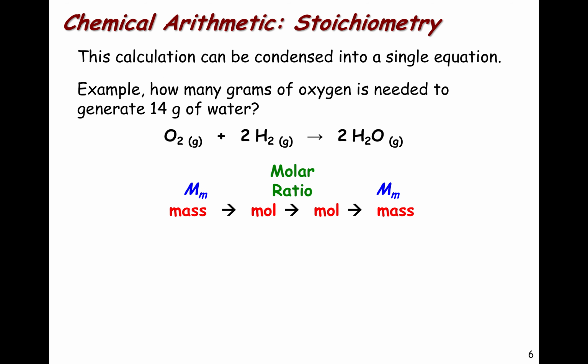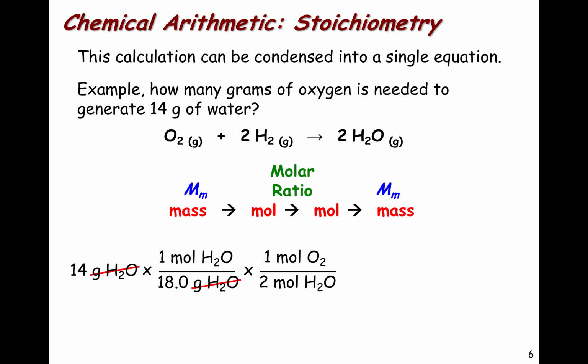If we look at the same problem, we can simplify doing the math by, rather than solving the ratios at each of the steps of the calculation, simply stringing those ratios together in the dimensional analysis. So if we start with the 14 grams of water and use our molar mass ratio to get to the moles of water, the grams of water would cancel.